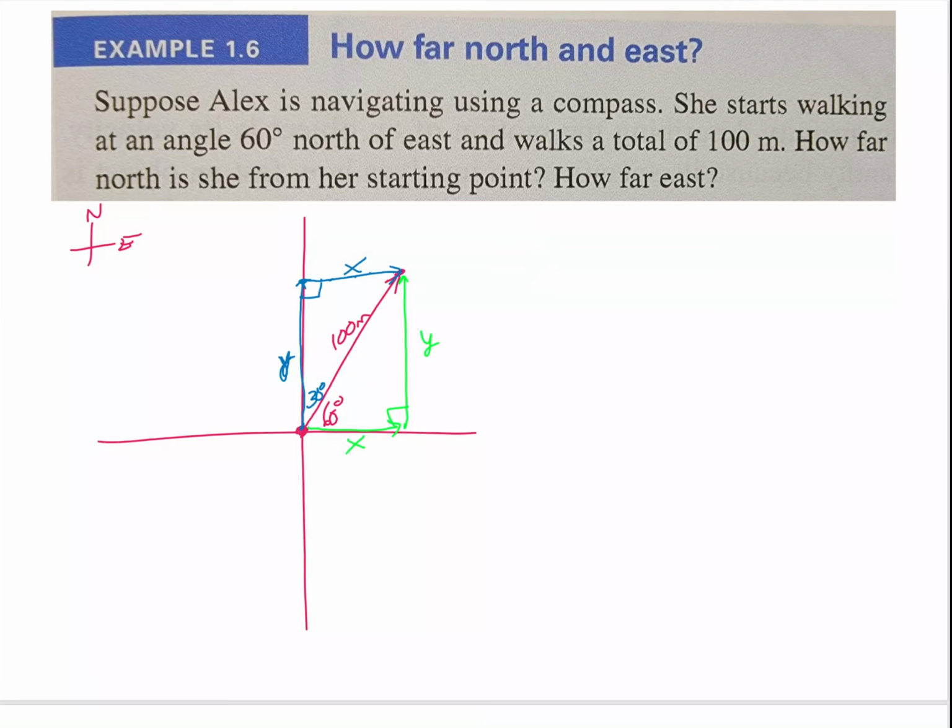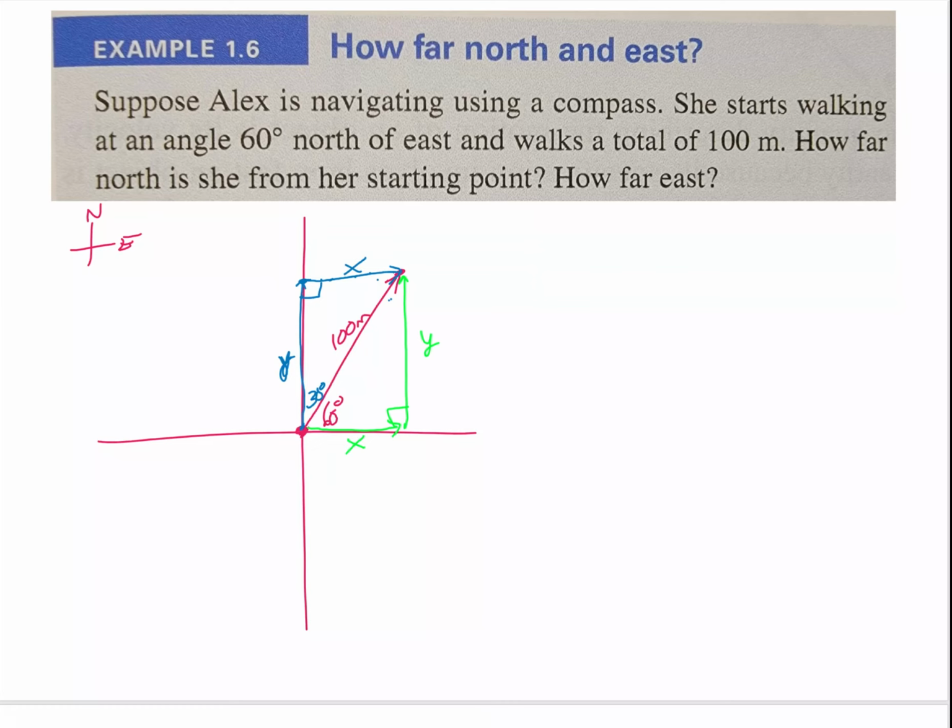In both cases, the hypotenuse is still 100 meters. In both cases, we have an angle that we can use. There's a 30-degree angle sitting right here, and there's a 60-degree angle sitting right here. Both triangles are 30, 60, 90 right triangles. So it doesn't make any difference which way you drew it.